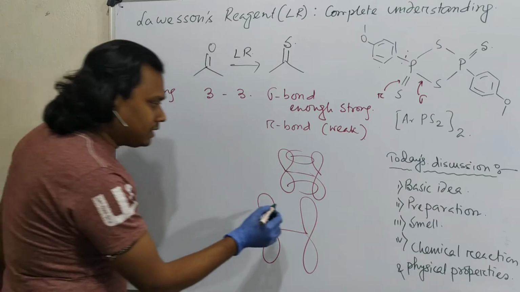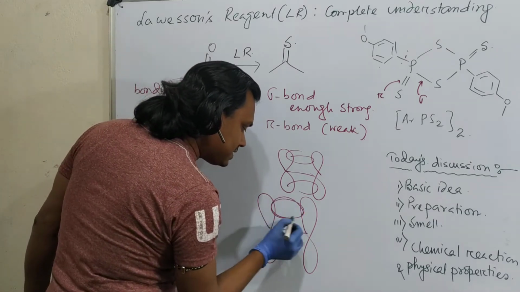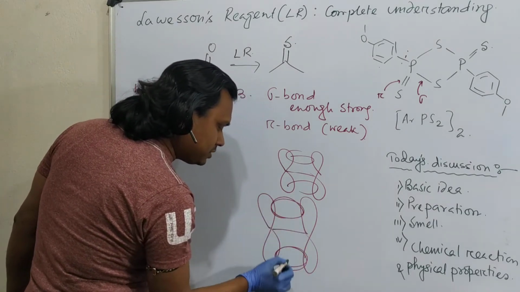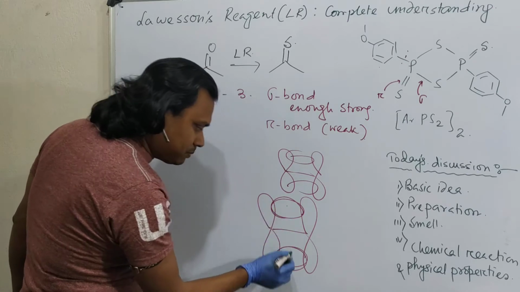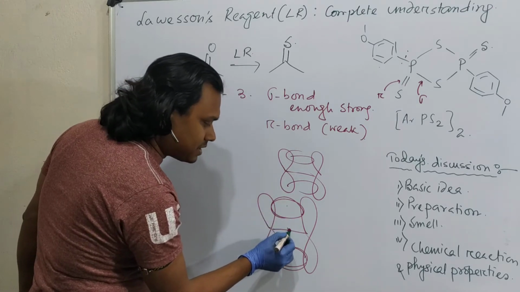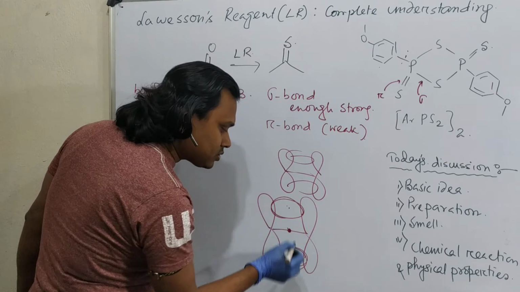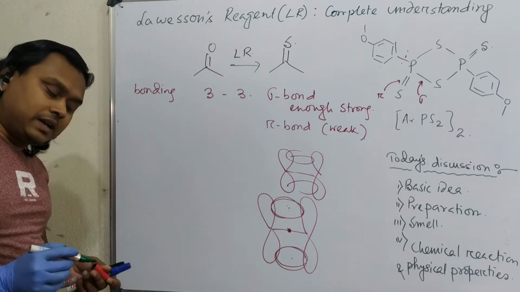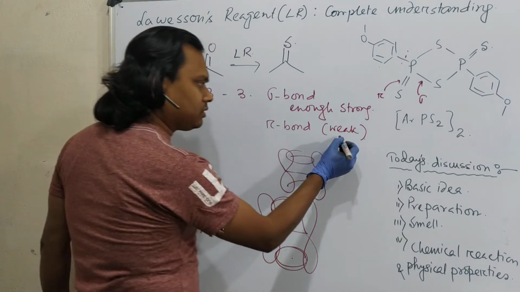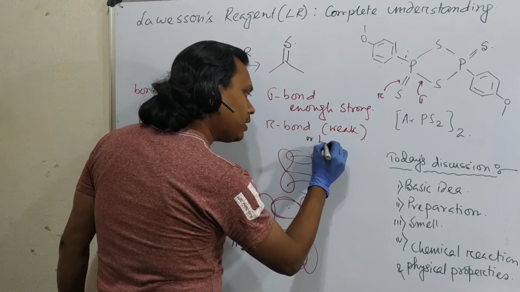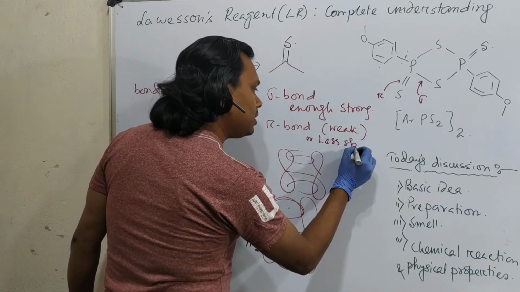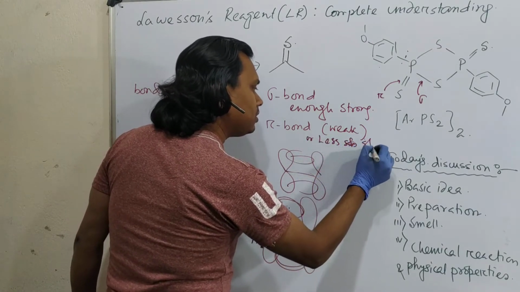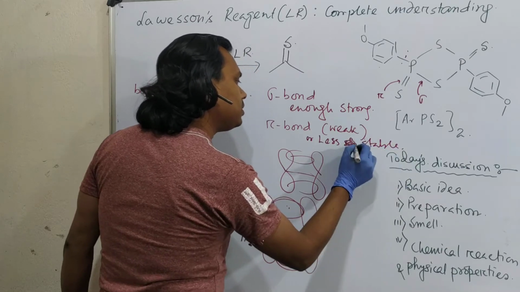In a pi bond, the electron density remains above and below, not in between the nuclei, where the sigma bond lies. From this we can understand that they are weak or less stable.